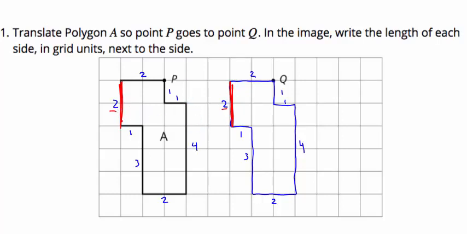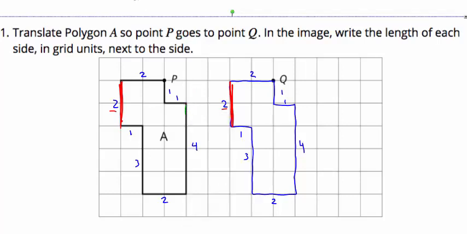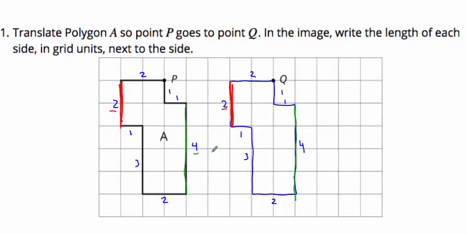This side right here corresponds with this side here, and we can see that each of them are 4 units. So when we translate a shape, the side lengths stay the same. And of course these angles also didn't change, right? These corresponding angles didn't change either.